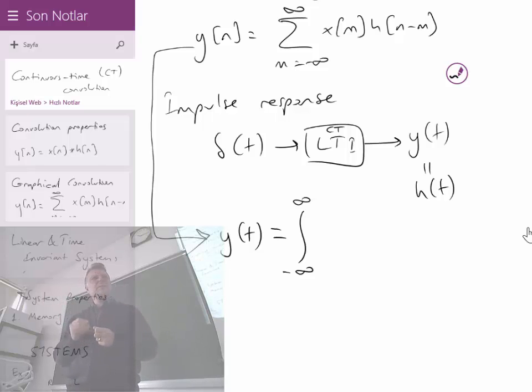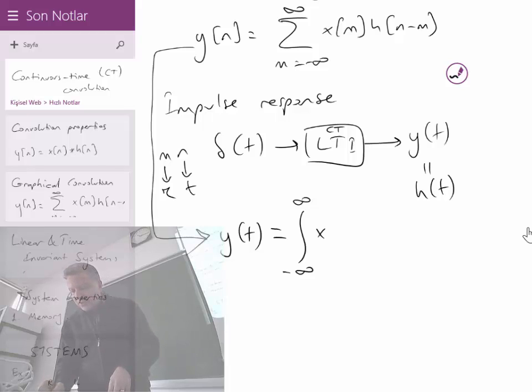You must use something else. And the book uses the Greek letter tau. Do you know that? So m goes to tau. n goes to t and m goes to tau, in other words.